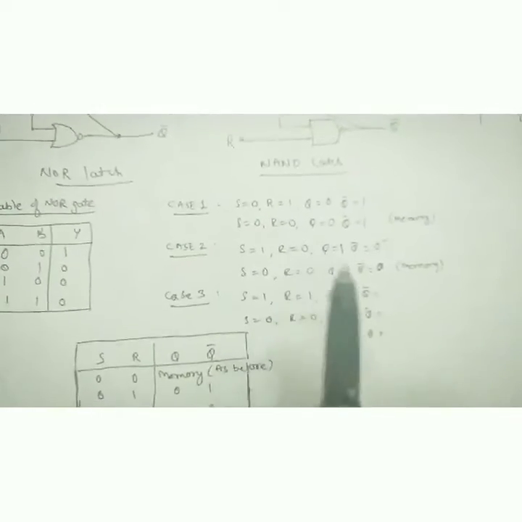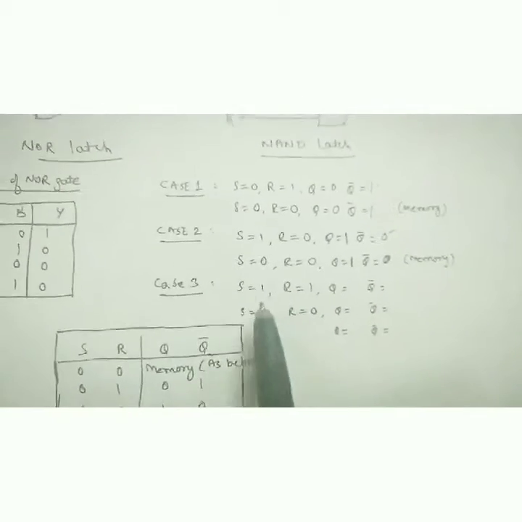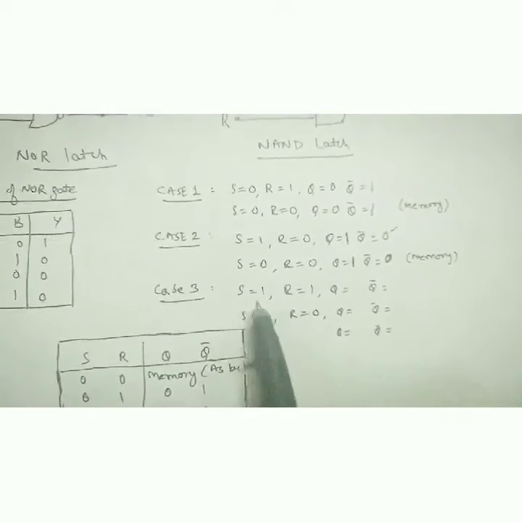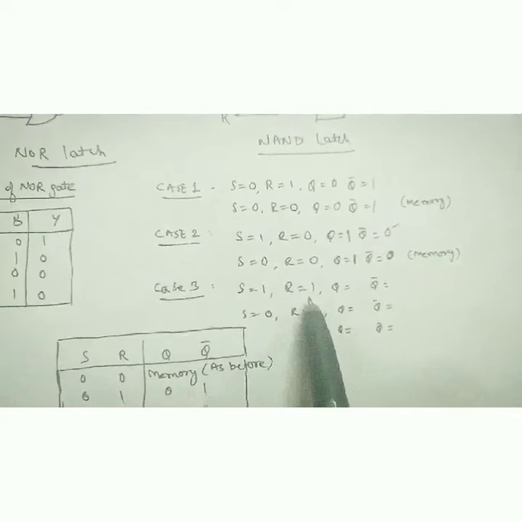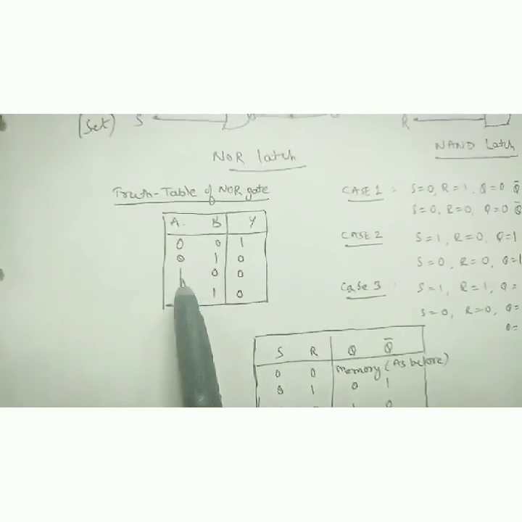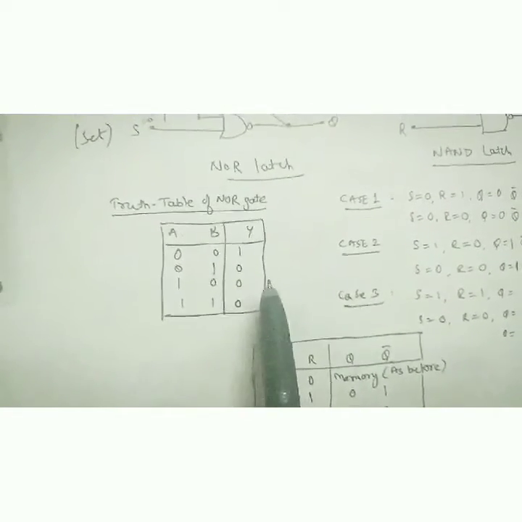Now let us consider the third and very interesting case, in which both the inputs are 1, that is S is made 1 and R is made 1. What will happen in that case? We know that if any of the inputs is 1, it causes the output to be 0.